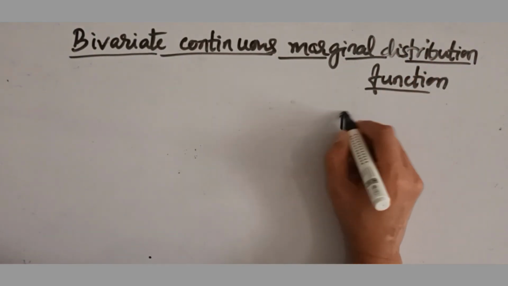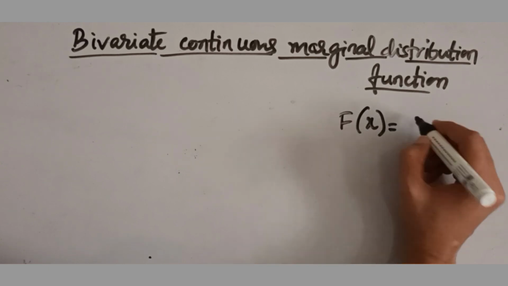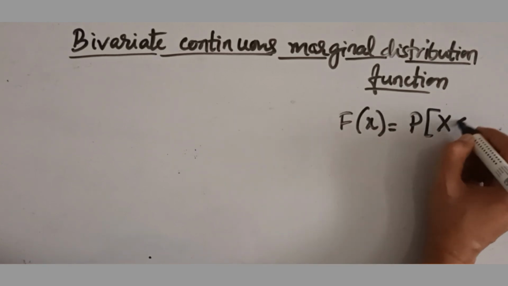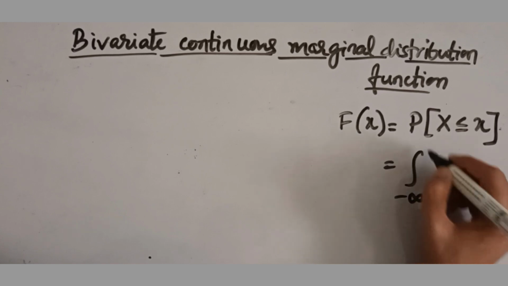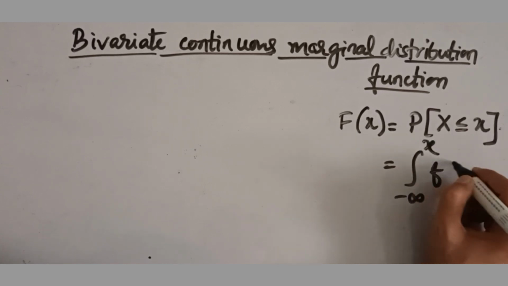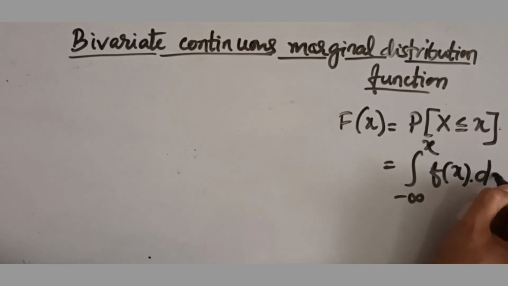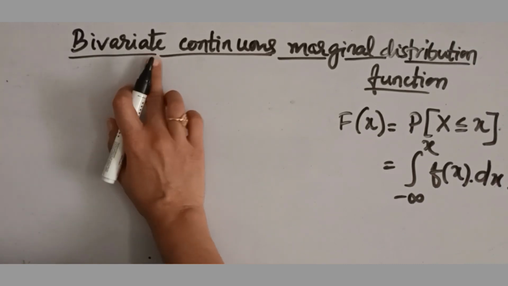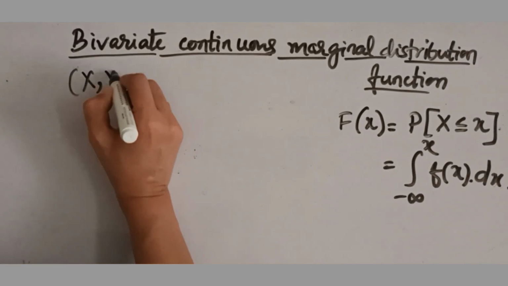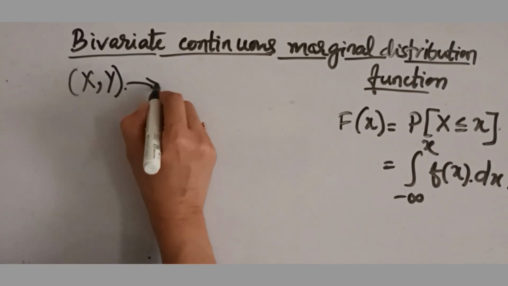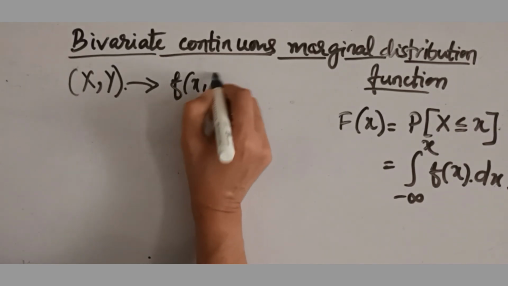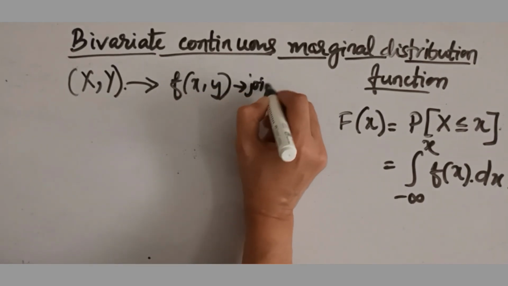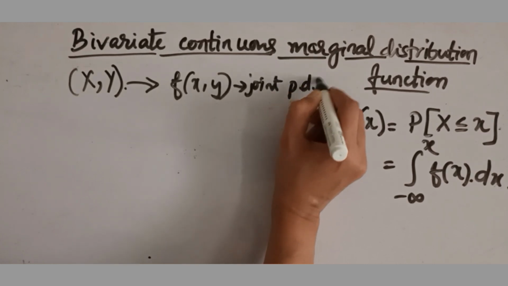The distribution function for a one-dimensional variable is the sum of all probabilities up to x including x, which is nothing but the integral from minus infinity to x of f of x dx. Now it is bivariate, so there are two continuous random variables. Its probability density function is f of x comma y, which is the joint probability density function.